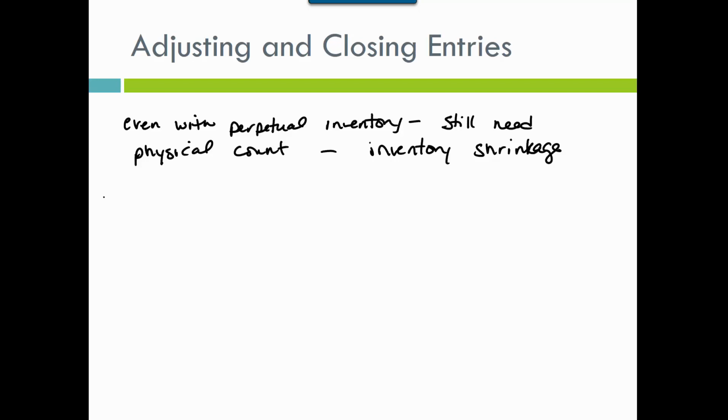So if we take the balance in the merchandise inventory account, that's what's in our ledger account, and we subtract the actual merchandise inventory on hand, so what we get when we do a physical count.